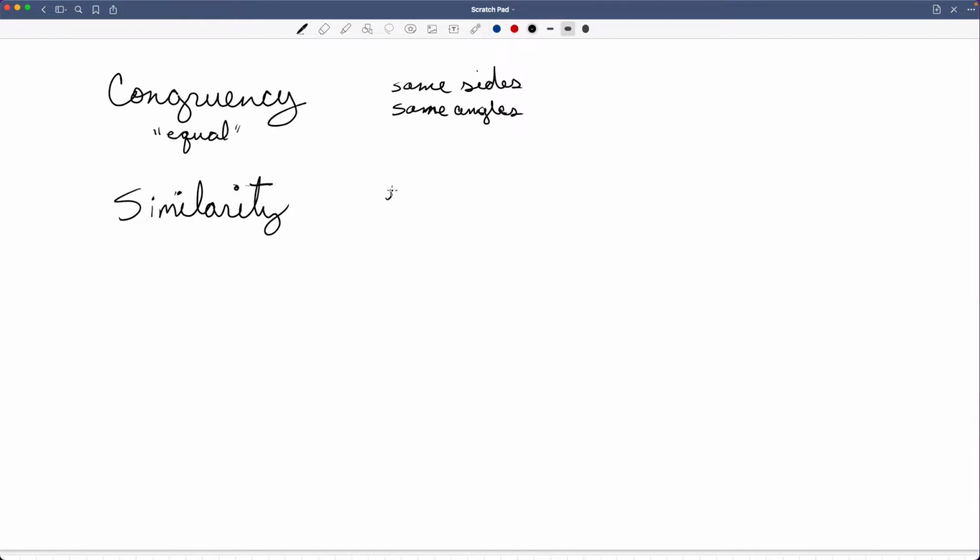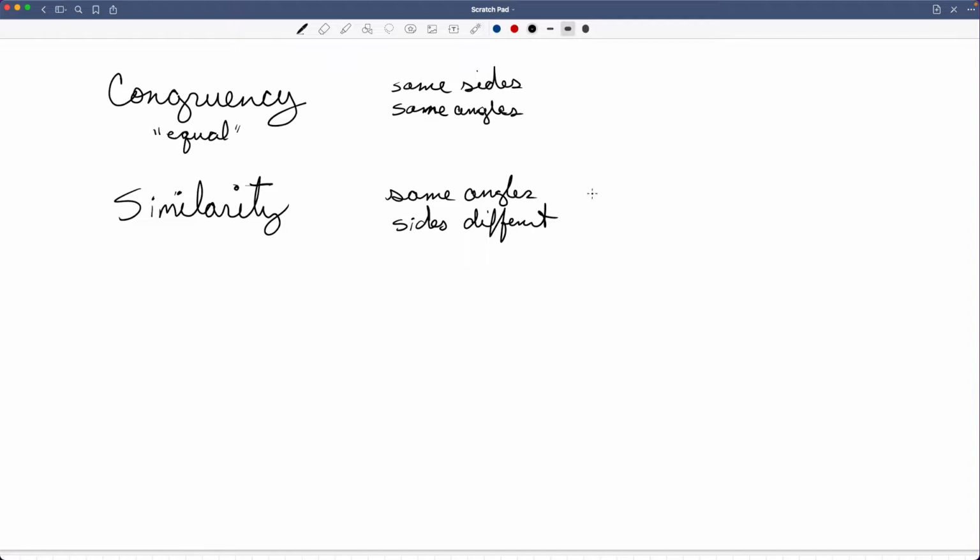Similarity means that you have the same angles, but the sides are different. All right, we remember this from Algebra 2 and Algebra 1. So those are the two main things you need to remember when we're comparing shapes one to another, whether they're congruent versus whether they're similar.